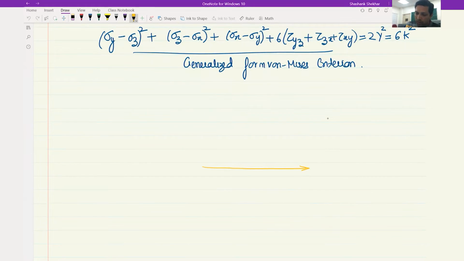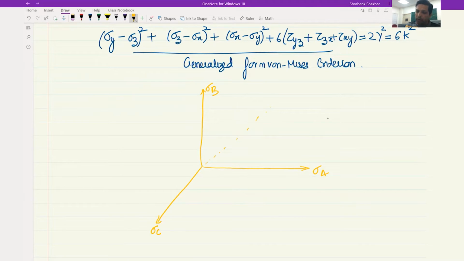So let me just draw this. Again, I will not use sigma 1, 2, 3. I would use sigma A, sigma B, and sigma C. And this would be tilted at an equiaxial angle from all the 3 axes.